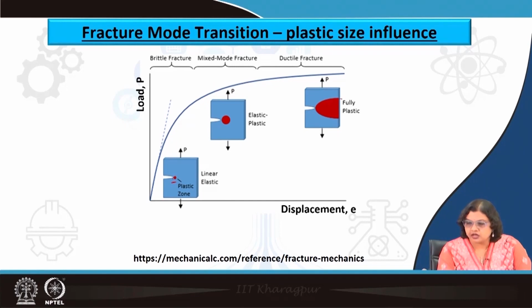The plastic zone has reached the edges, and it is a very pronounced plastic deformation. Certainly this cannot be ignored. In case we have a mixed mode fracture, we have a comparatively pronounced plastic zone, but not as large as the fully plastic one. So, depending on that, we can figure out whether this is an elastic or brittle fracture, ductile fracture, or a mixed mode kind of fracture.